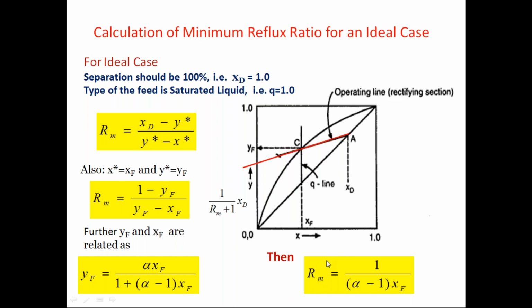The reason is that reflux ratio is not required; you need not send back the liquid as reflux, because alpha is very high. So you can understand from this equation how the minimum reflux ratio depends on the system as well as the concentration of the more volatile component in the feed. This will be very useful to analyze a given system.